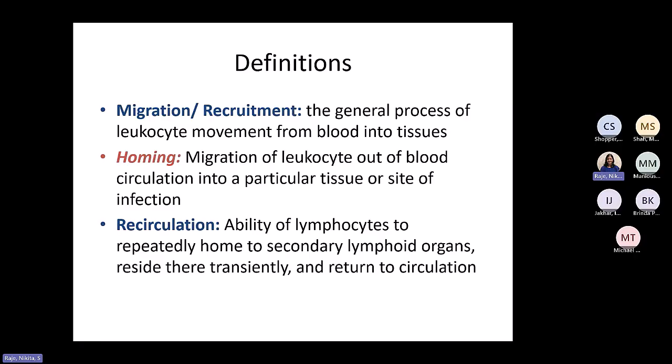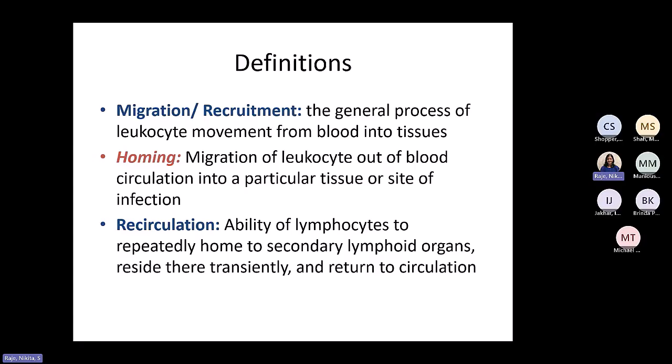Another definition to know is homing. That's the migration of leukocytes out of blood circulation into a particular tissue or site of infection. And then recirculation is the ability of the lymphocytes to repeatedly home to secondary lymphoid organs, reside there transiently, and then return to circulation.